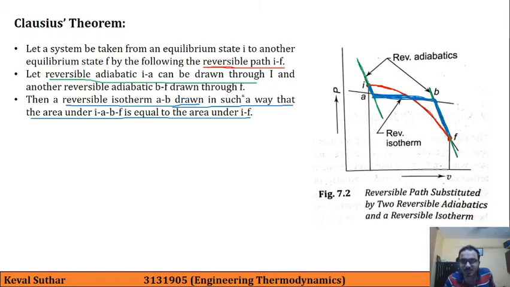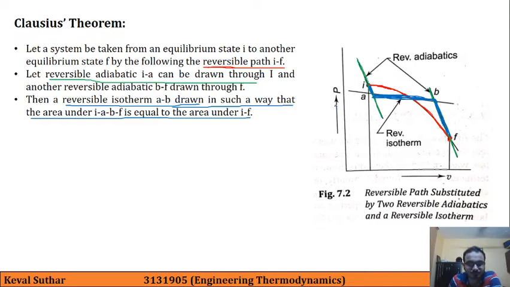To repeat, the area under this red curve will be equal to the area under this group of blue lines. As this is a PV diagram, if the area under the curve as well as under this combination of lines is the same, that means the work done during both processes is the same.